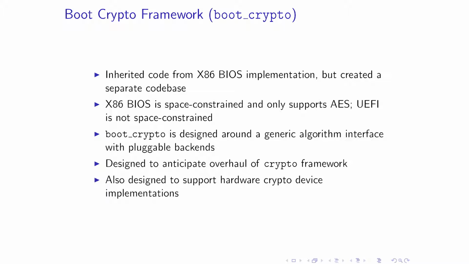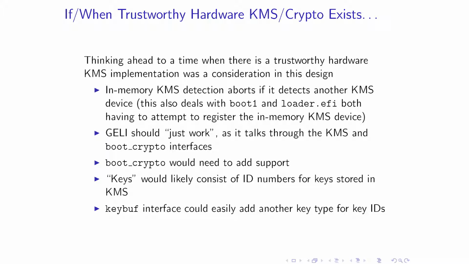I created this boot crypto framework, which will probably at this point be replaced by something better, but at the time I thought we might be living with that decision for a while. So I created something designed to pull in more ciphers. Given that there's active talk of overhauling crypto, I'm not going to talk as much about that as I planned.